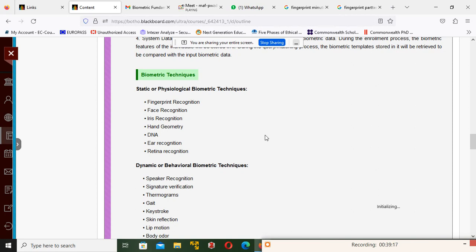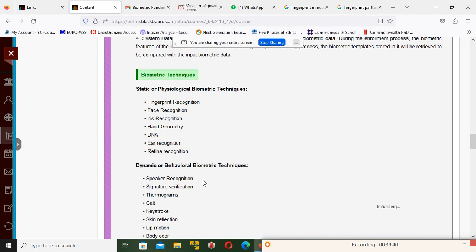Another example of a static one is facial recognition and hand geometry. For example, when we say hand geometry, when you take your hands, how long is each finger? What is the width of the fingers? What is the length of the fingers?